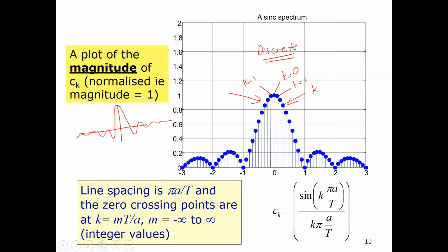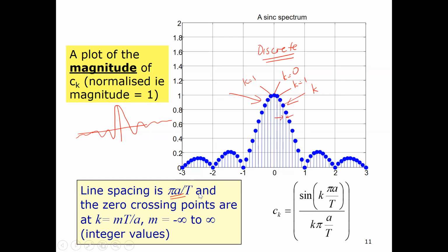All right. So once you do the derivation and you get the values for C_K, you can see that the line spacing, between this line and this line, is pi A over T apart.